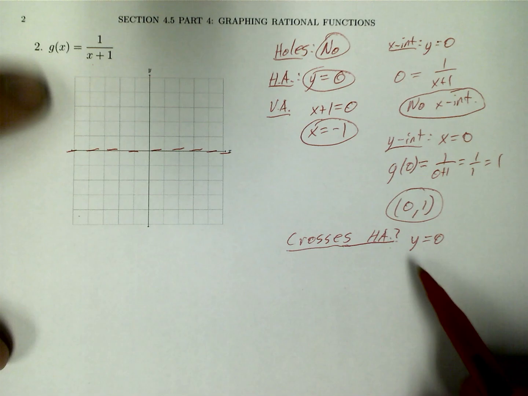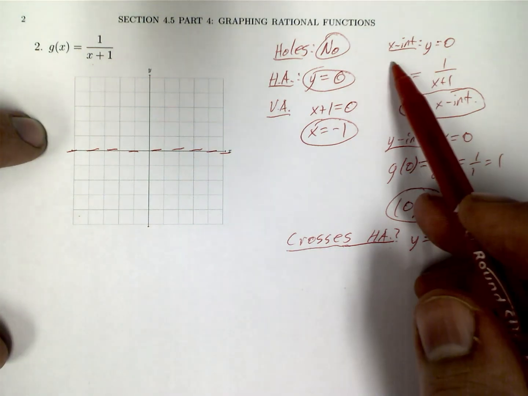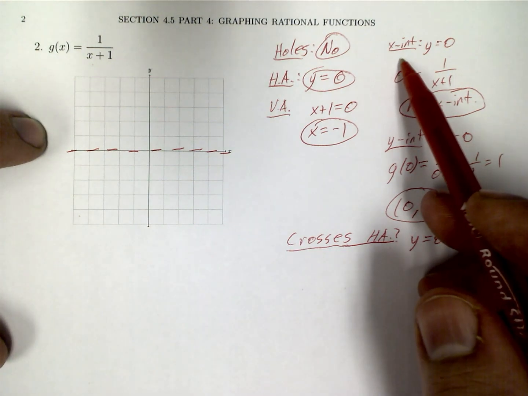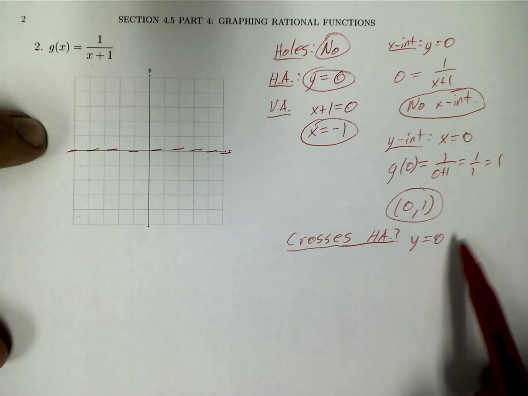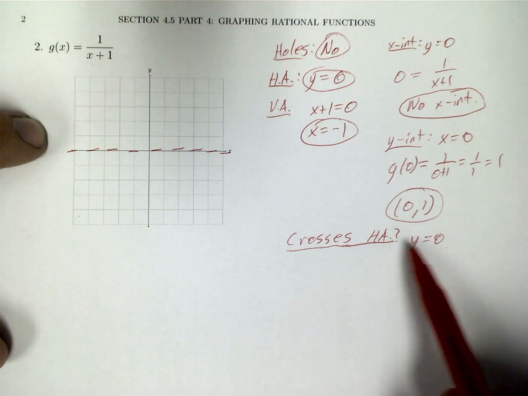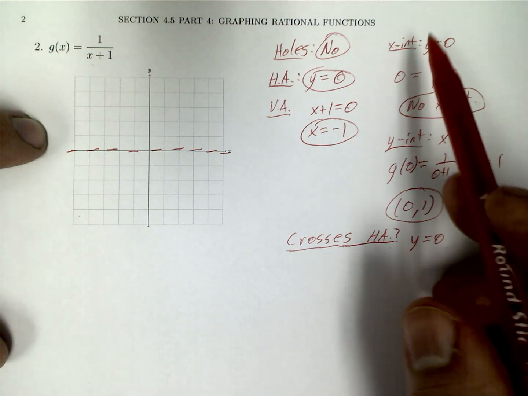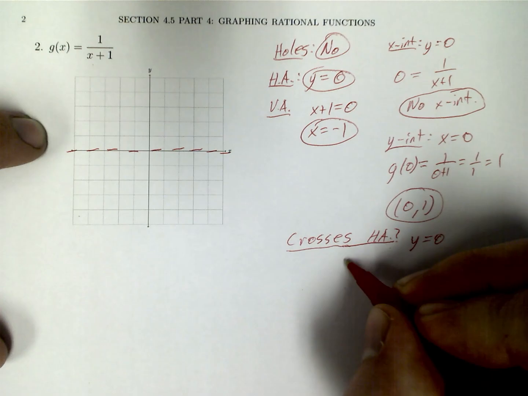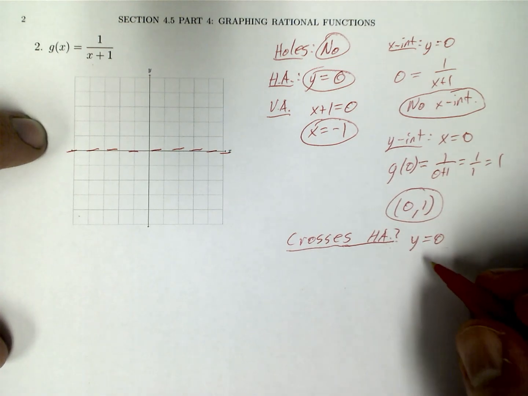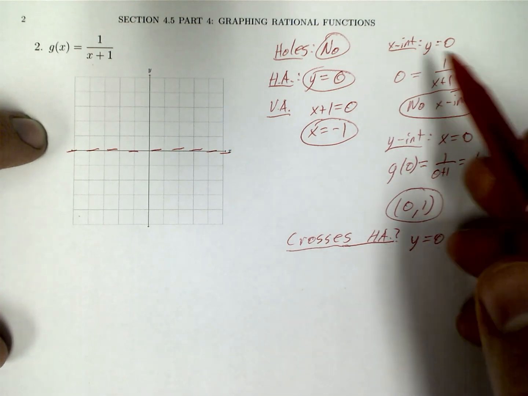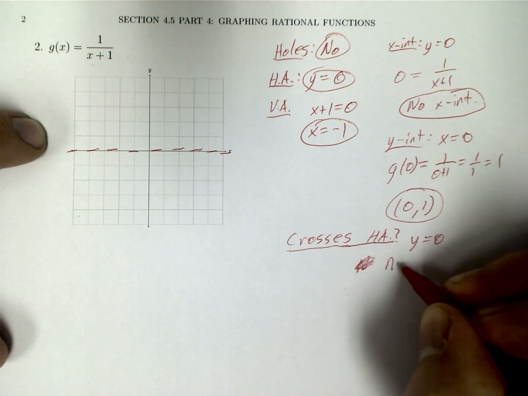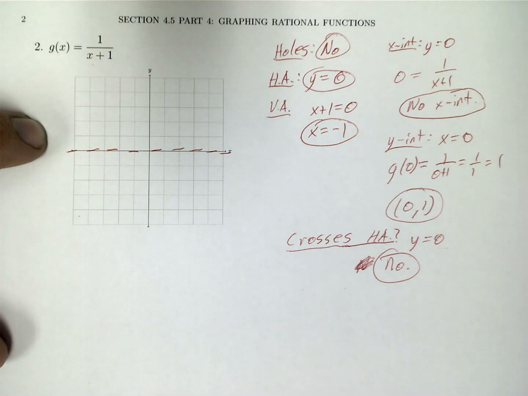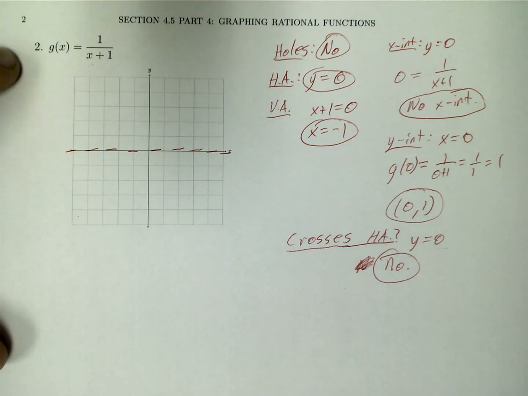So it crosses the horizontal asymptote when we have x-intercepts. So for a very specific type of horizontal asymptote, when y equals 0, you don't have to find where it crosses the horizontal asymptote because you already know. It's from the x-intercepts. So when does it cross the horizontal asymptote? At x-intercepts, but there were none. So does it cross the horizontal asymptote? No, because there's no x-intercepts.